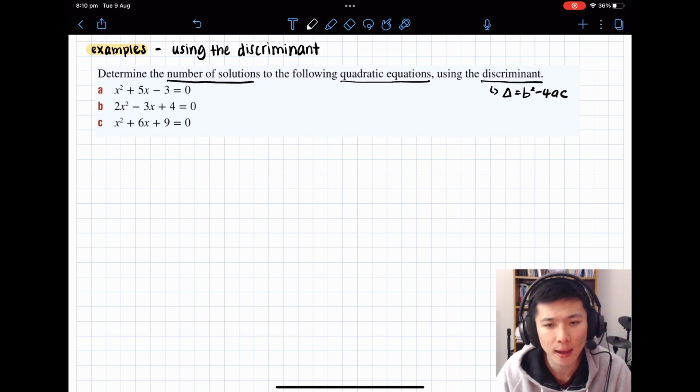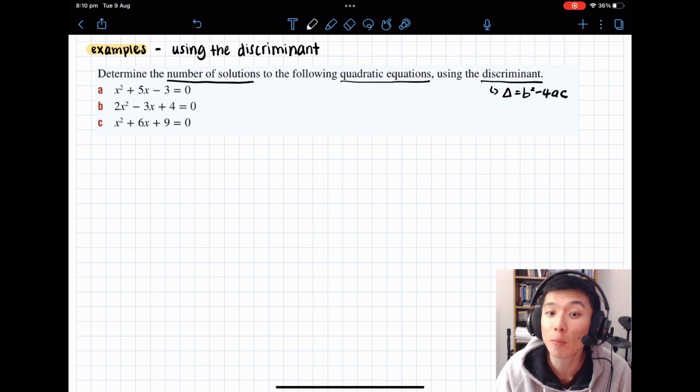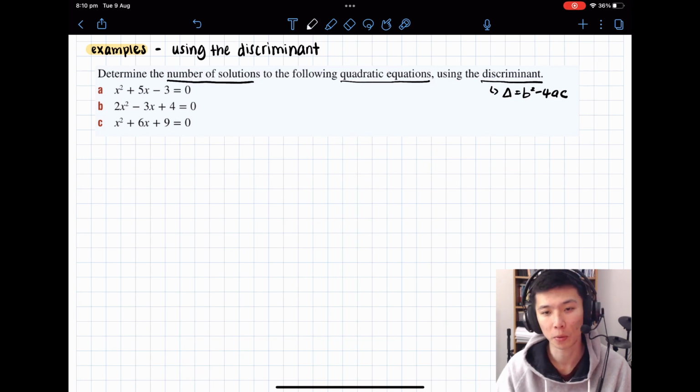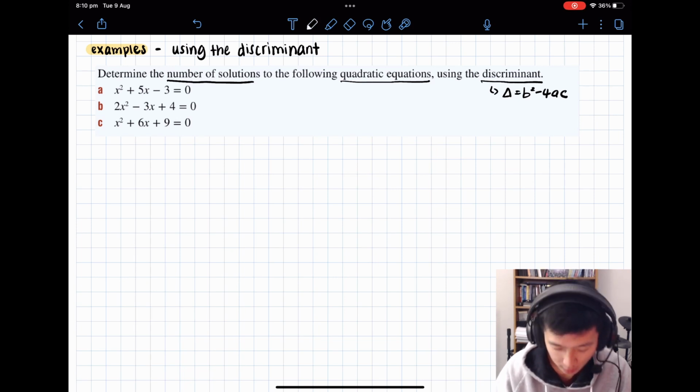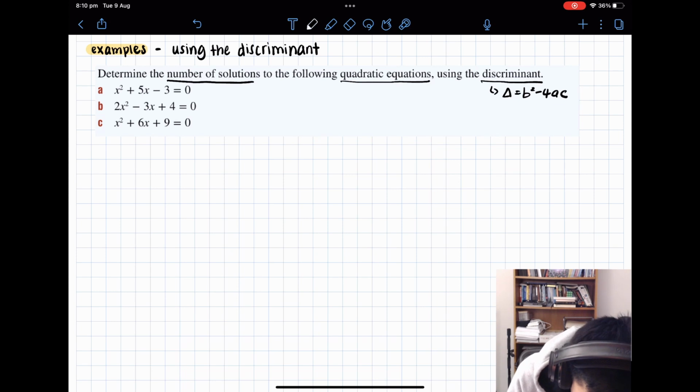Notice it's not asking us to solve the equations. Don't find the solutions. Don't solve them. But rather tell me the number of solutions. So they can either have 2, 1, or 0. Okay? So let's begin. Let's have a look at the first quadratic equation there.